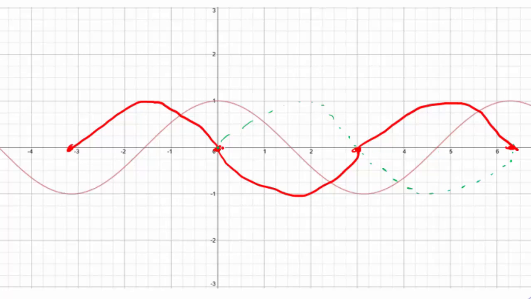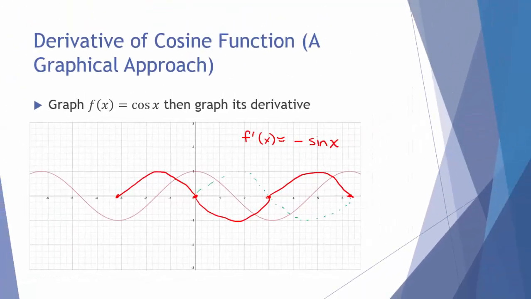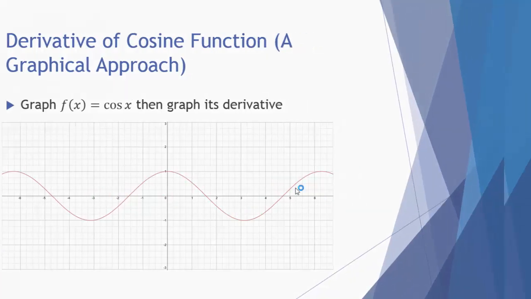So what we notice is that the graph of the derivative that we just drew is a reflection over the x-axis of f of x equals sine x. Well, what causes reflections over the x-axis? Negatives cause reflections. So it appears that if f of x equals cosine x, then its derivative isn't sine x, but it is the opposite of sine x. So again, these are just graphical arguments. We're going to do a rigorous proof as well.